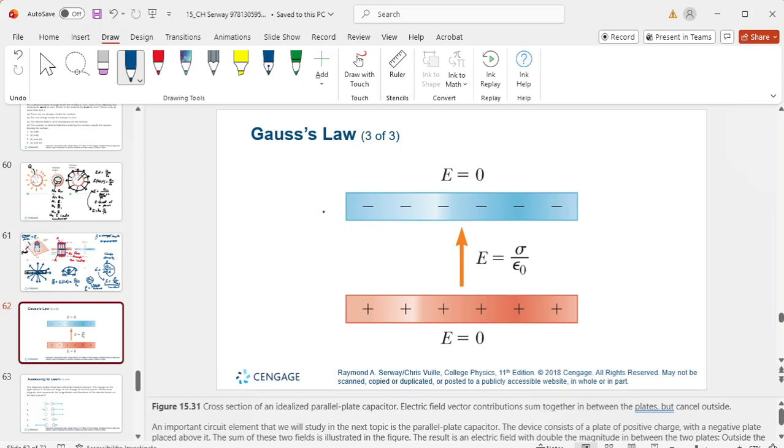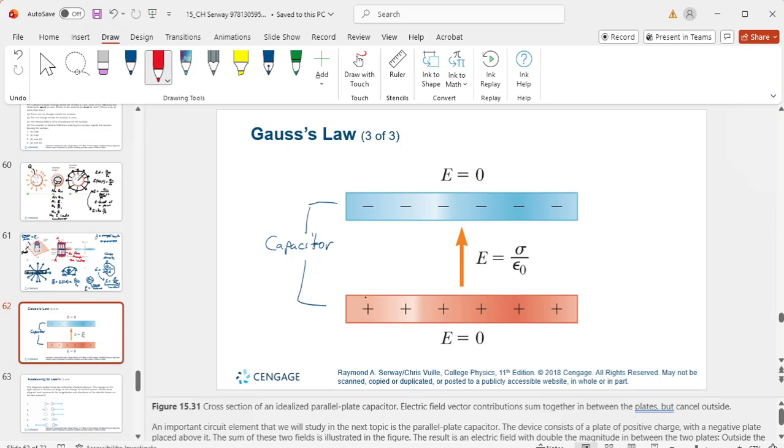So what we have here, if you have two plates of equal and opposite charge, is the basic idea behind the capacitor. Just a device that stores charge. But the entire idea is this.